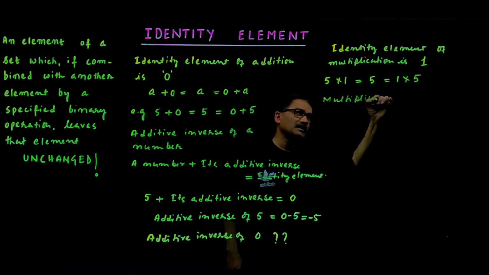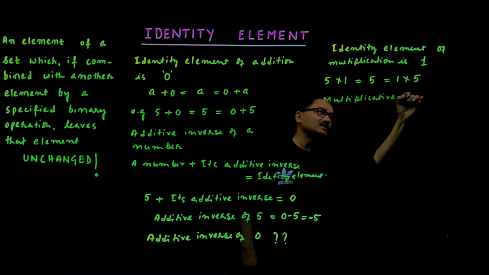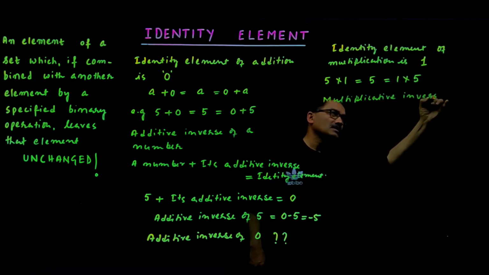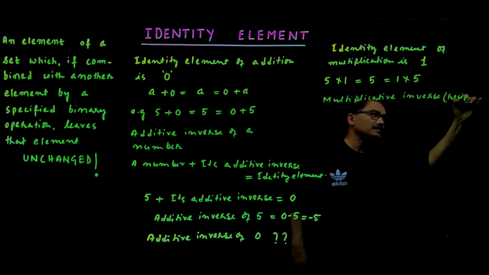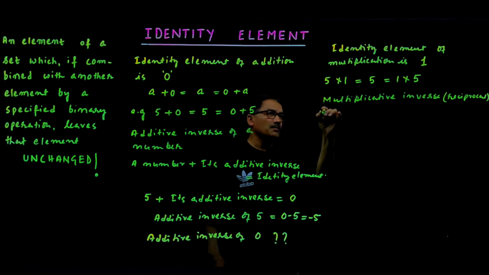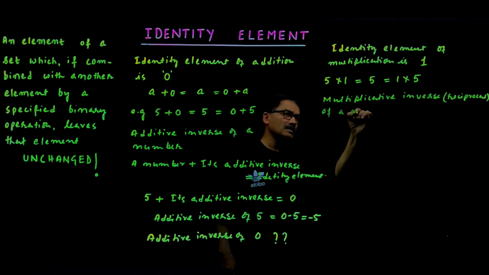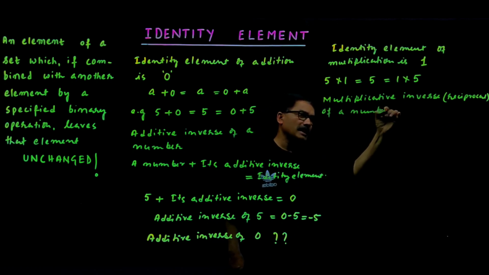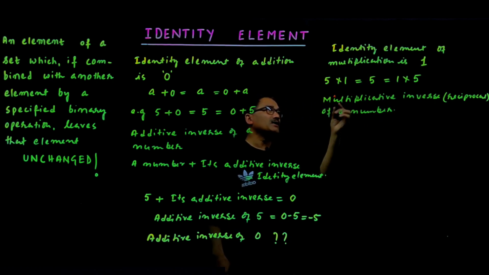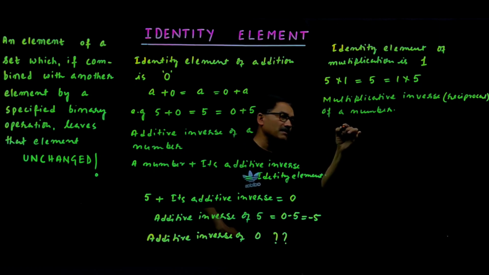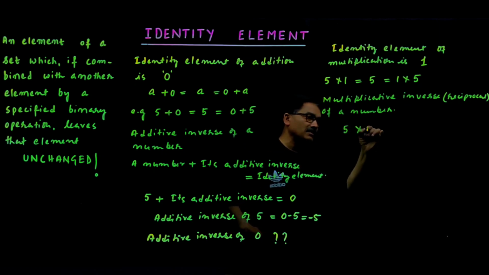Multiplicative inverse, which is also known as reciprocal of a number, can be found out by using the identity element of multiplication. Say I have a number 5 and I want to find its multiplicative inverse.